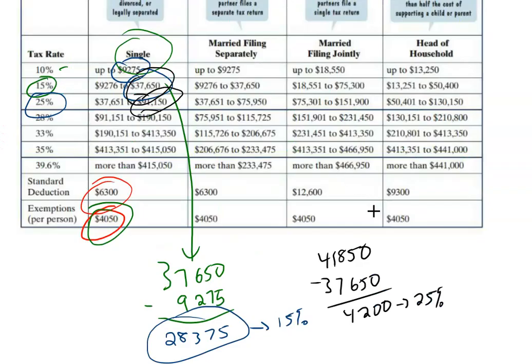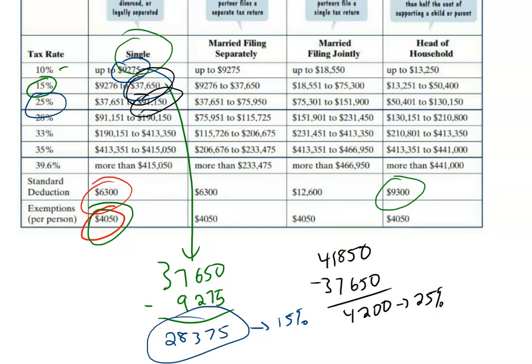It's still, it has changed. Wow, I really need to pay attention to the chart. Now you might say, wait, it's $6,300. No, for head of household, it's different. Because again, they're a little more lenient because you're taking care of other people. They go a little bit easier on you. So you get a standard deduction of $9,300, which is actually better.